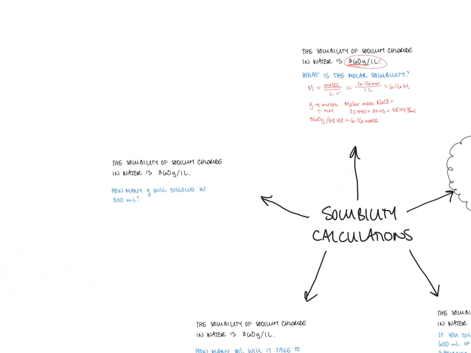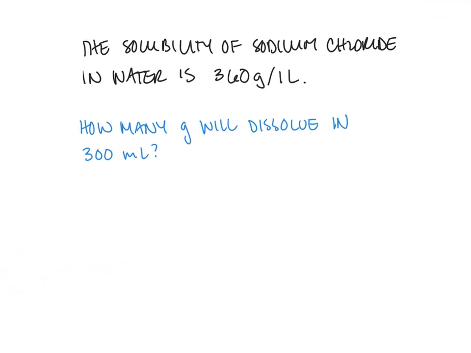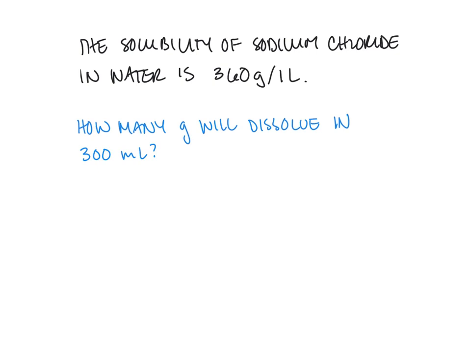So now we're going to come over here and do example number 2. Again, still working with sodium chloride. So it's 360 grams in 1 liter. In this question, I want to know how many grams are going to dissolve in 300 milliliters. Before I actually answer the question, I need to look at my volume units. My solubility is given in grams per liter.